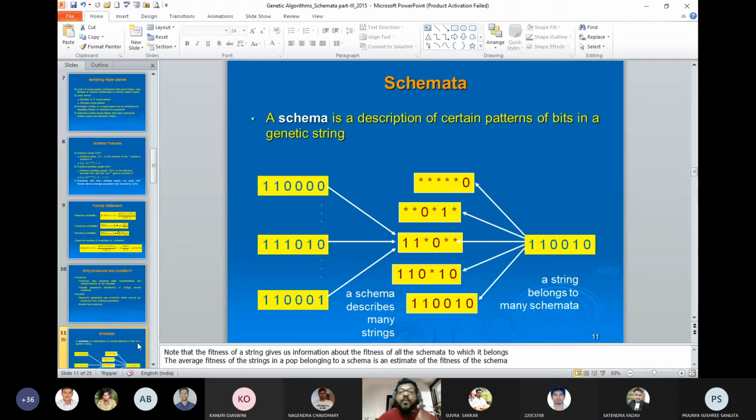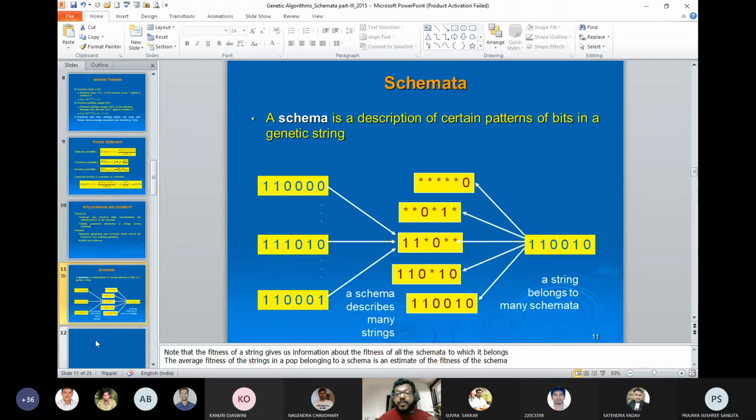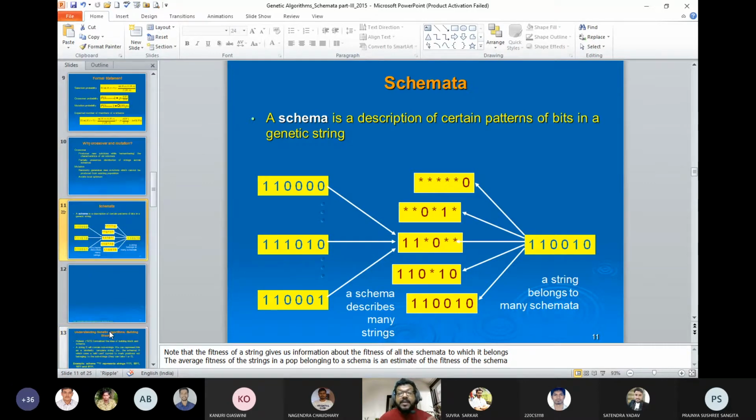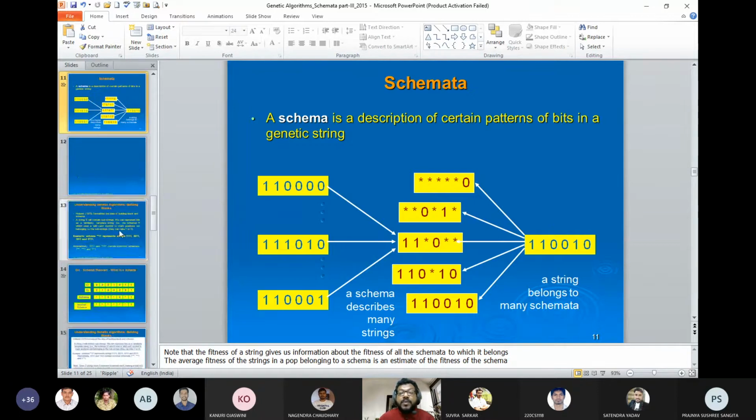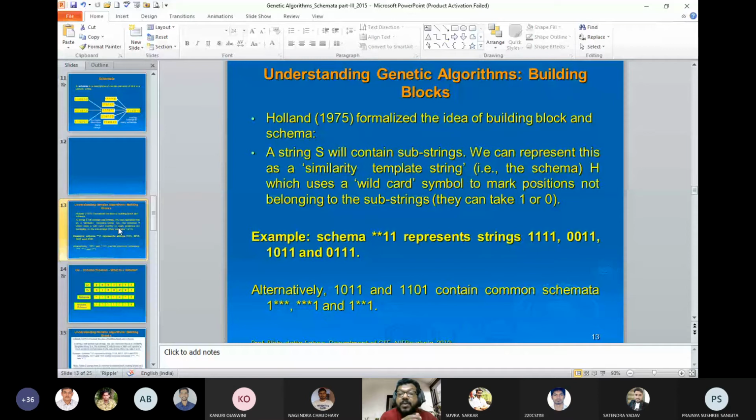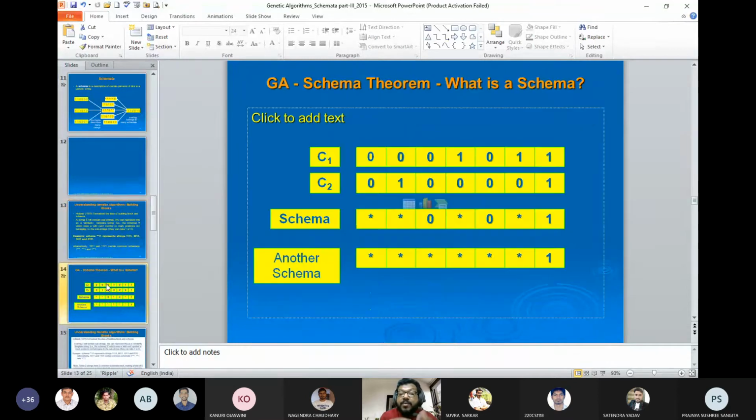Then once we look into the alternative representation, again it tries to explain, suppose there are two individuals C1 and C2. Now an individual may fit into multiple schemata. In the first schema, these two bits are 0 0, so we copy this as 0.